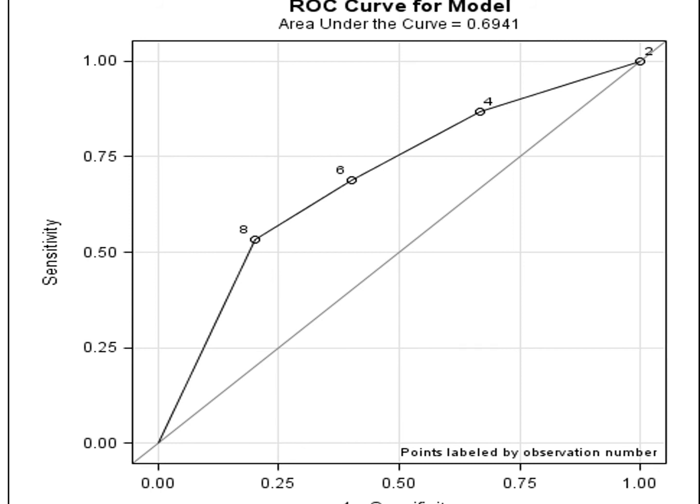I mean, the ideal situation would be what? The ideal situation would be as if somehow we had 100% sensitivity and 100% specificity. Agreed? Which would actually represent itself as a point in that upper left-hand corner, right?